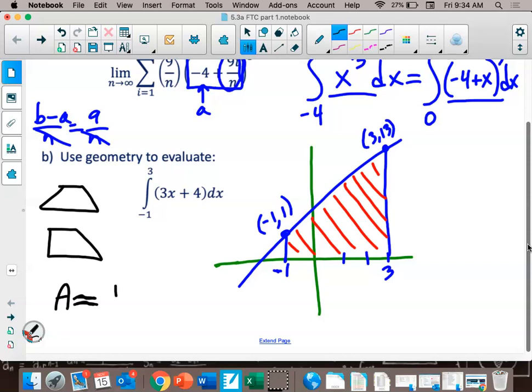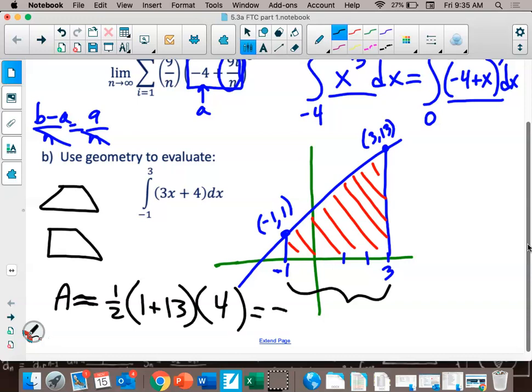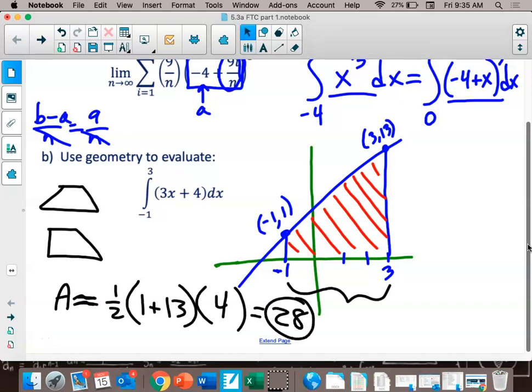The area of a trapezoid is 1/2 the sum of the bases times the height of the trapezoid. Since it's turned sideways, the height is actually this way, so you end up with 1, 2, 3, 4 as your height. Then this base has a height of 1 and this base has a height of 13. So we end up with 2 times 14, or 28.